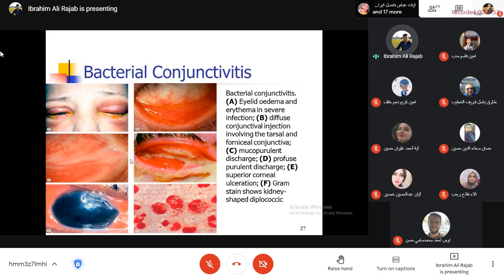In picture B, there is severe conjunctival congestion. In C, there is purulent discharge, C and D. In E, there is corneal involvement. There is keratitis with ulcer and corneal involvement. In picture F, there is a microscopic picture of the Gram stain showing intracellular diplococci.